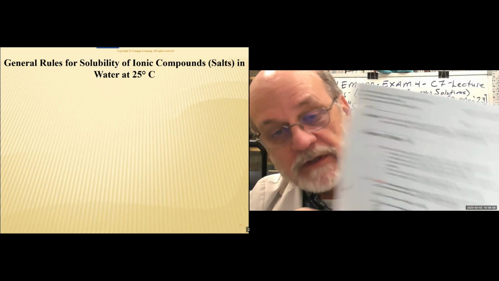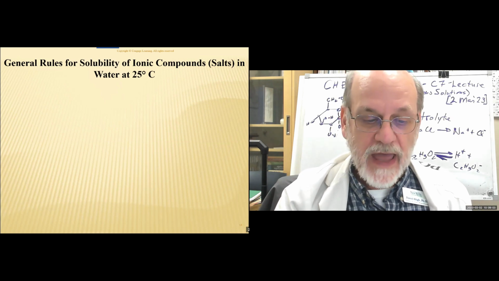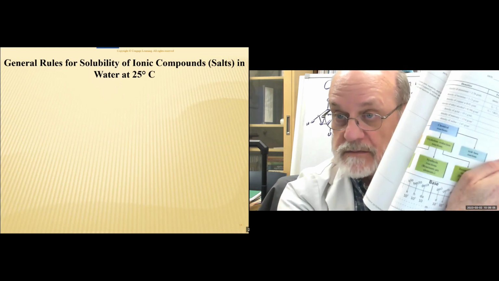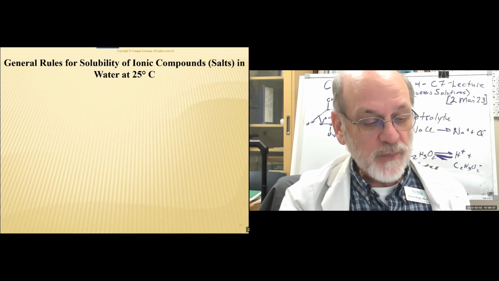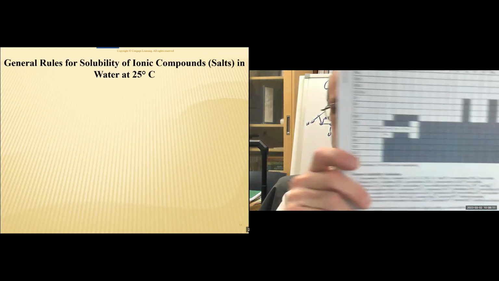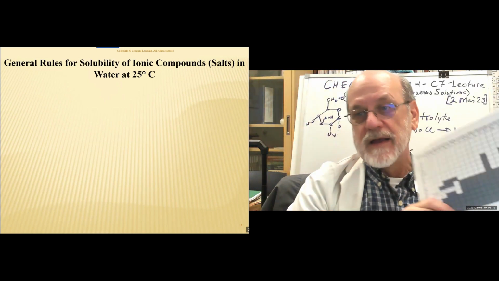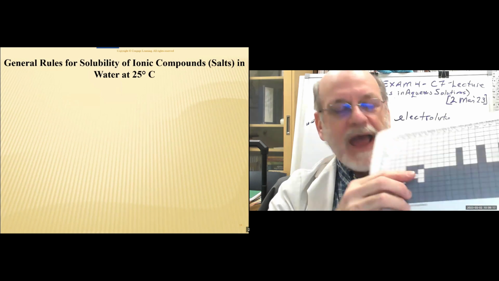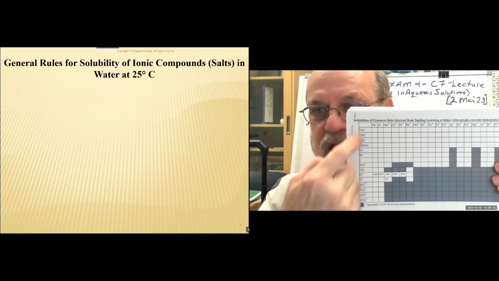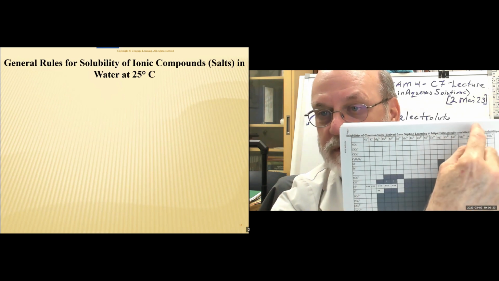That's your review document. And at the back of the review document, like always, we have useful information. One of those pages looks like this. There's a chart. That chart has anions down this side and cations across the top.